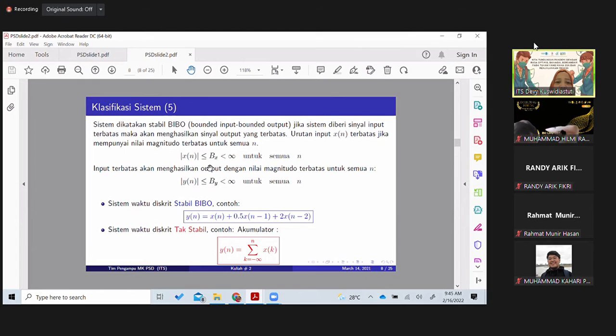And if the system that we design has an input which is bounded like this, for all n values, then the output must also be a bounded output signal y, where the magnitude of y[n] is less than or equal to the bound of y[n].